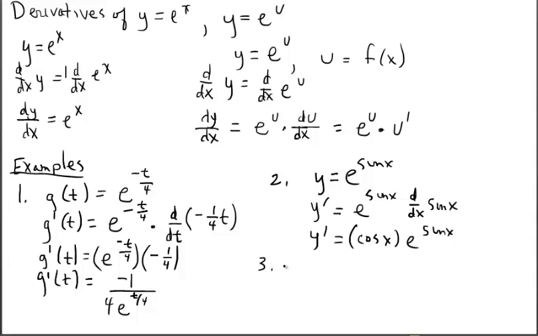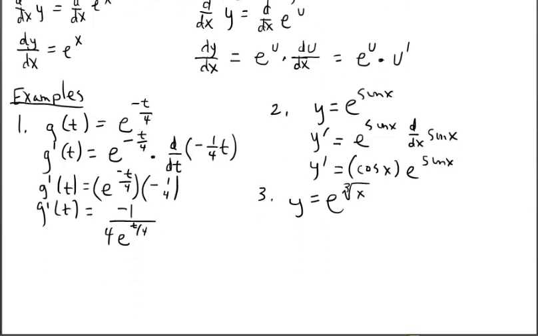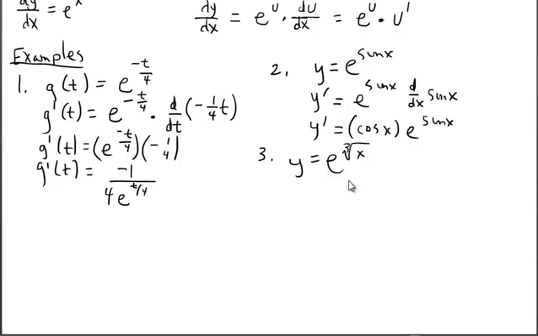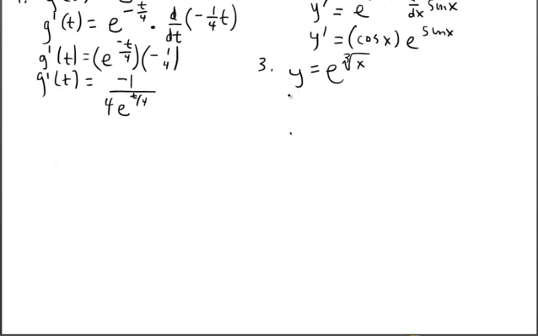Come here. e raised to the cube root of x. So my u is my exponent on my exponential function. I might do a little rewrite on this, getting it ready for differentiation.